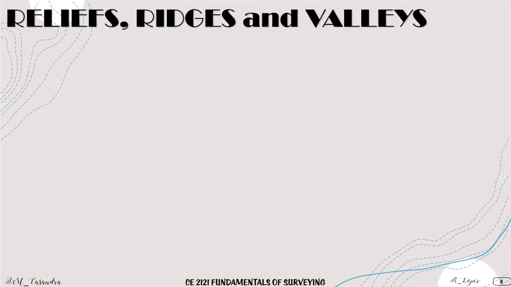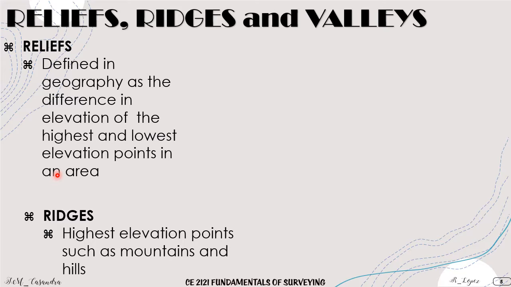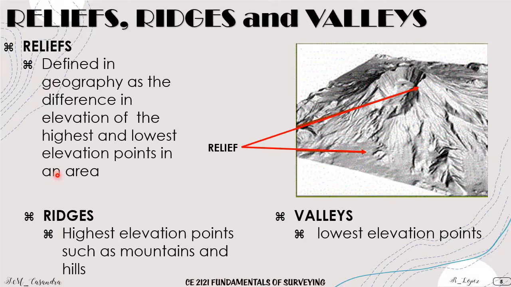So we have reliefs, ridges, and valleys. When we talk about reliefs, this is defined in geography as the difference in elevation of the highest and lowest elevation points in an area. So ridges would now be a type of relief which defines the highest elevation points such as mountains and hills, while valleys would represent reliefs of lowest elevation points such as plains and the like.